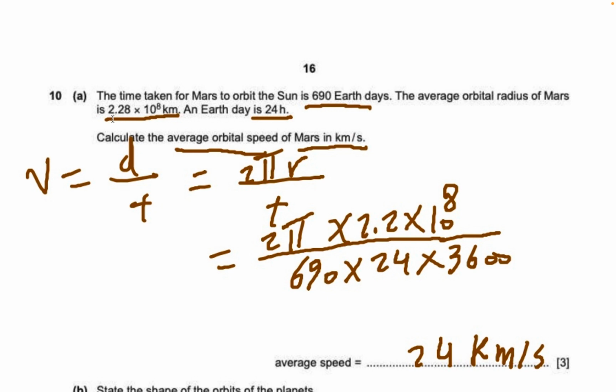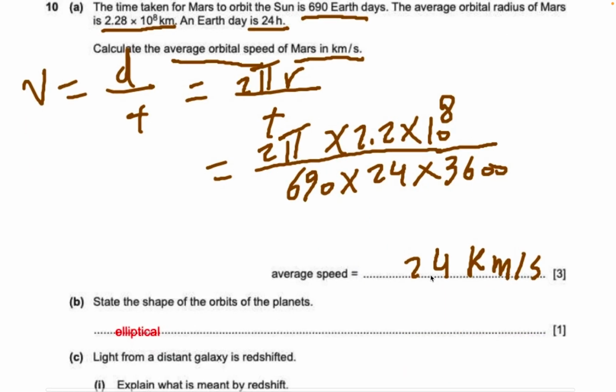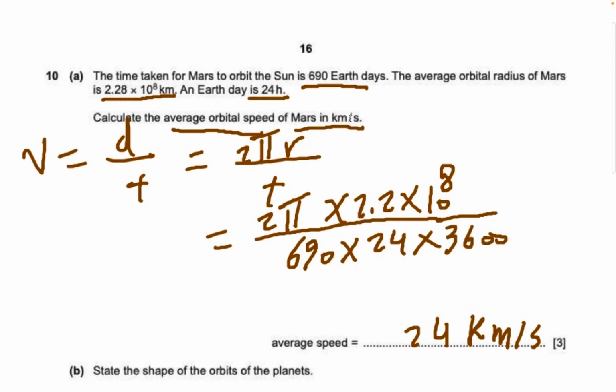It is 2.28 times 10 to the power of 8 over the time, which is 690. This is in days, so we have to change it into seconds. So multiply by 24 from day to hour, and from hour to second we multiply by 3600. It will give me 24 kilometers per second, the same unit as in the question.